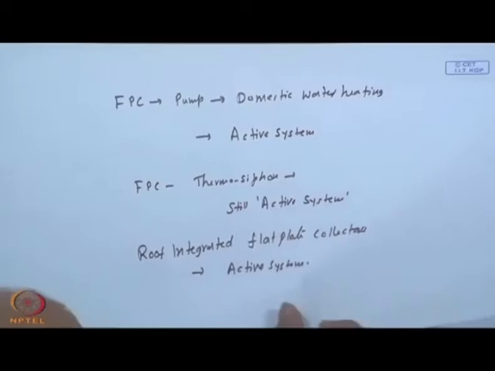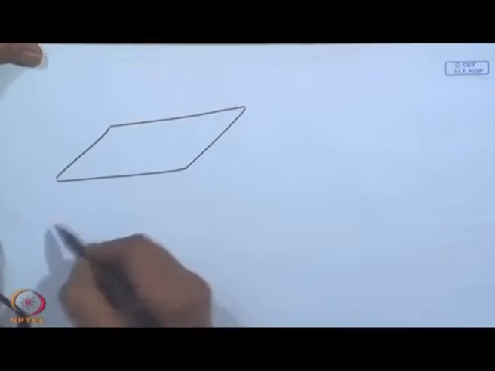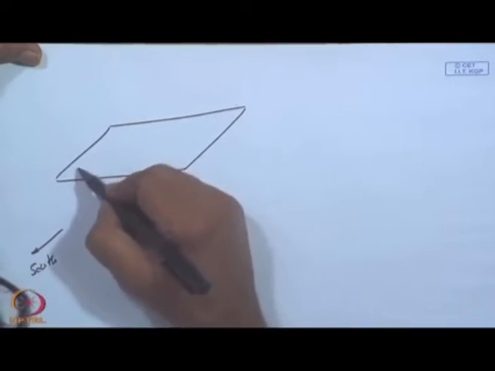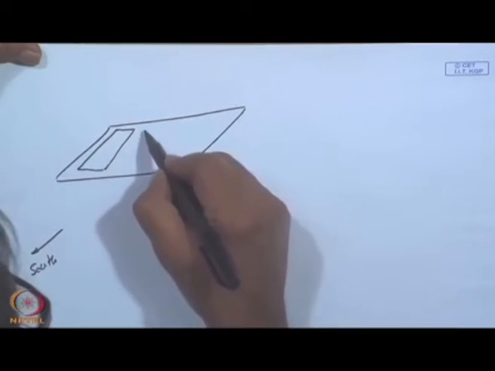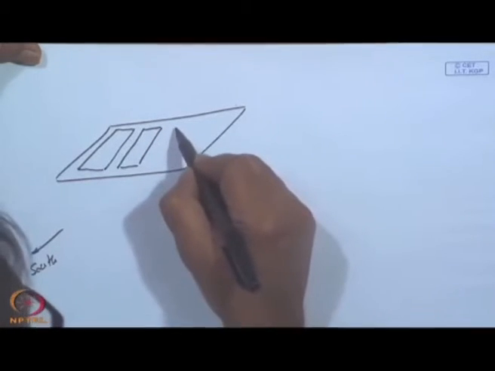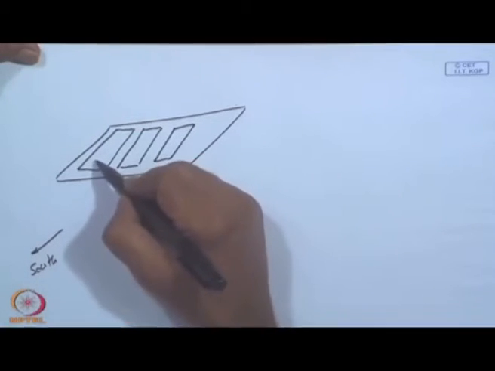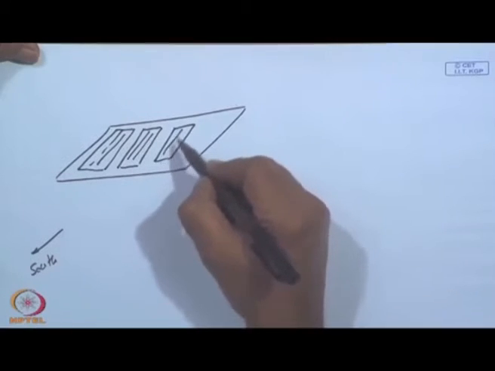For example, if you are having a south facing, something of a slanted roof, this is south, this can have integrated solar panels, combining architectural beauty and functionality, and you have got these tubes and this and glass.